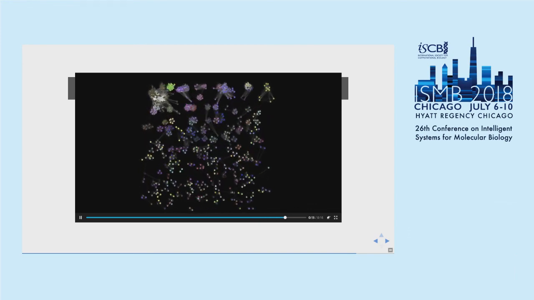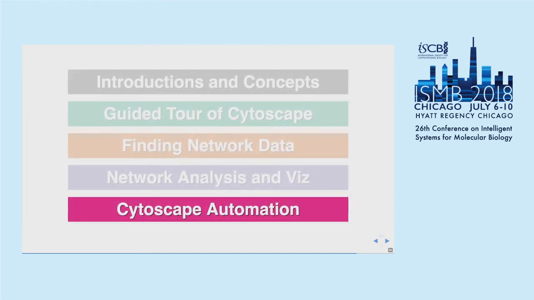All right. Question? Yes. All of this cool work that you went through to generate that animation, is it possible to generate an animation like that from R and Python? Yes. CyAnimator is an automated app.